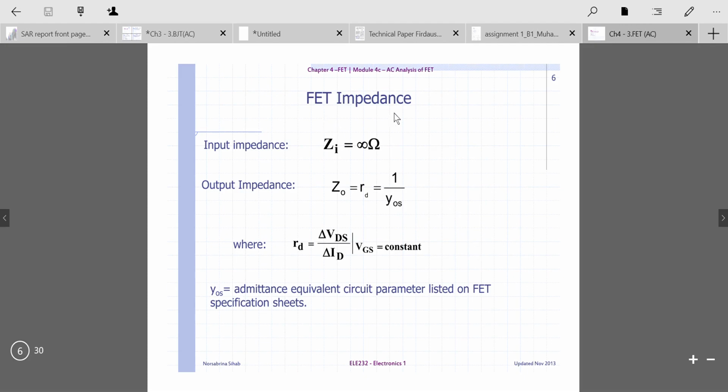For the FET, the input impedance Zi is equal to infinity, and the output Zo is equal to Rd, equal to 1 over yos, where Rd equals delta VDS over delta ID, that is when VGS is constant. Yos is the admittance equivalent circuit parameter listed on the FET specification sheet.